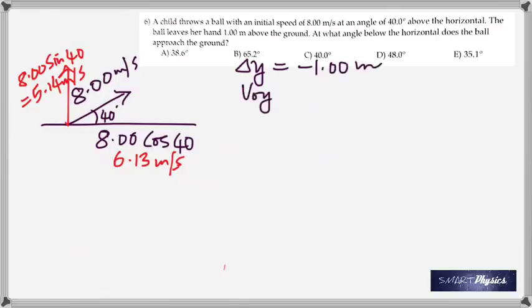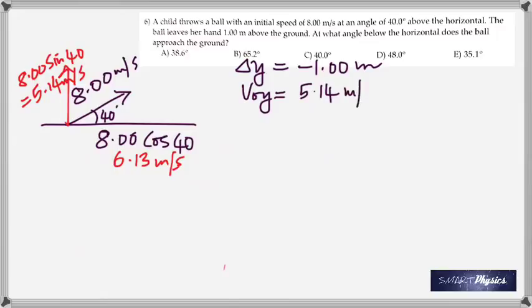Why -1? Because it leaves our hand 1 meter above the ground. It's going further down, so it's -1. Considering that the initial vertical velocity is up, that's why that direction is taken as positive. Anything down is taken as negative.